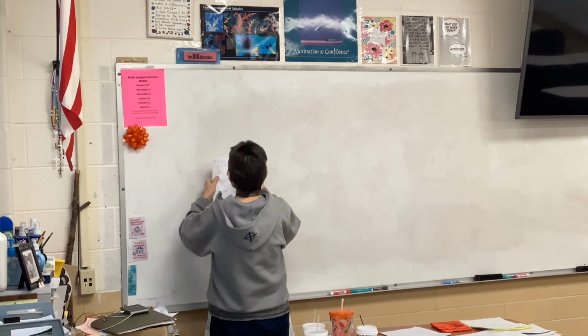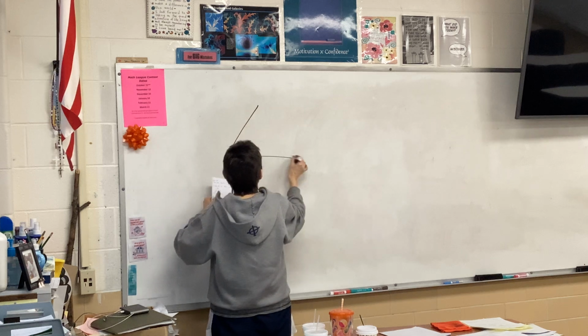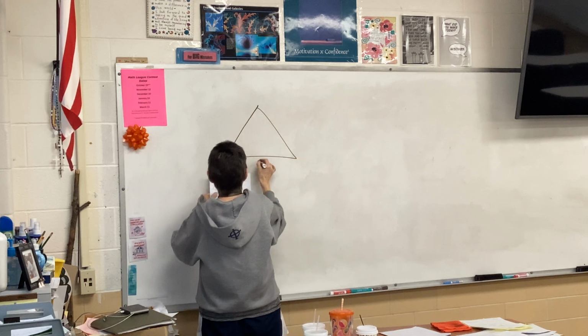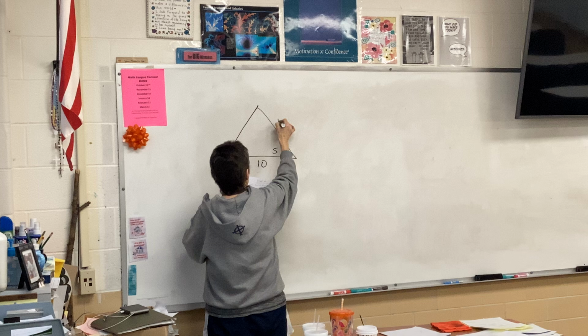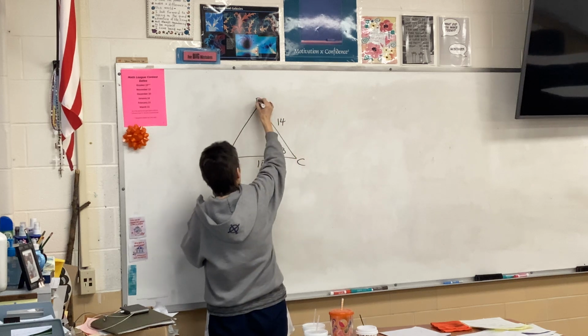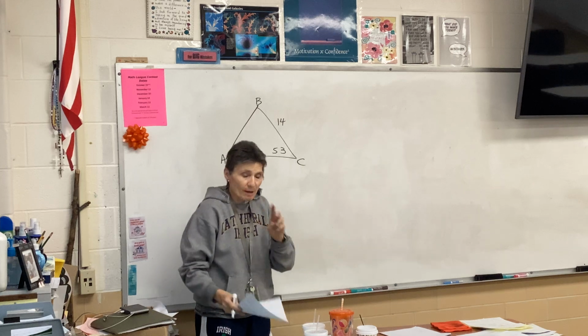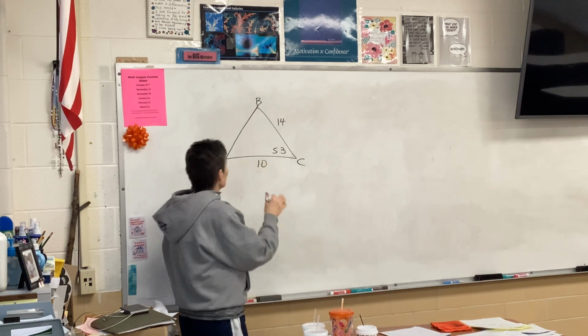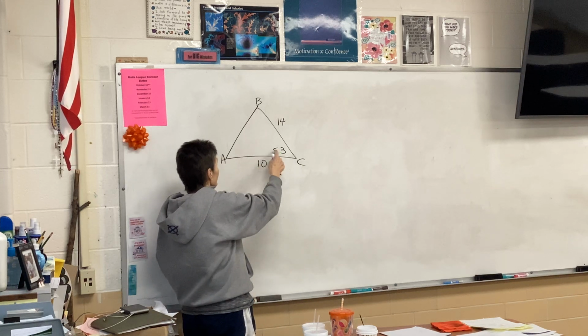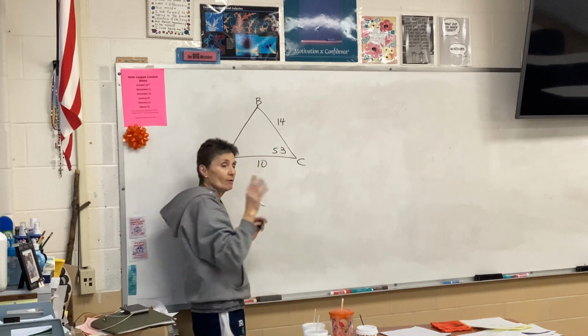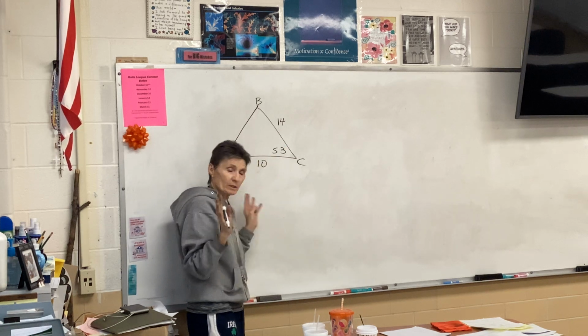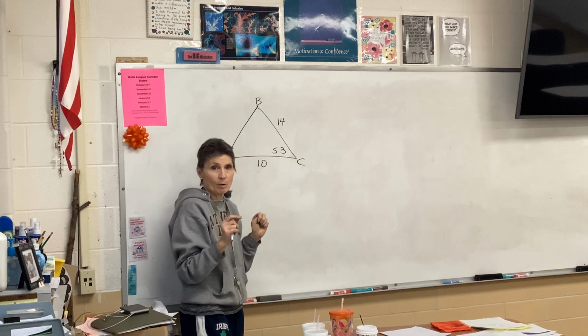The first problem says solve for c. Looking at the situation, obviously it's a law of cosines quiz, but even if we didn't know that, we do not have the required pair of information, so we would know this is going to be a law of cosines problem.